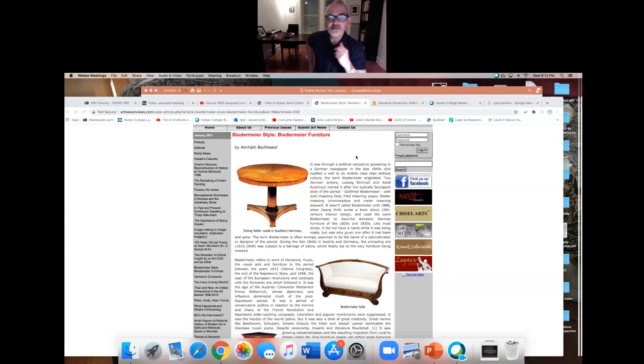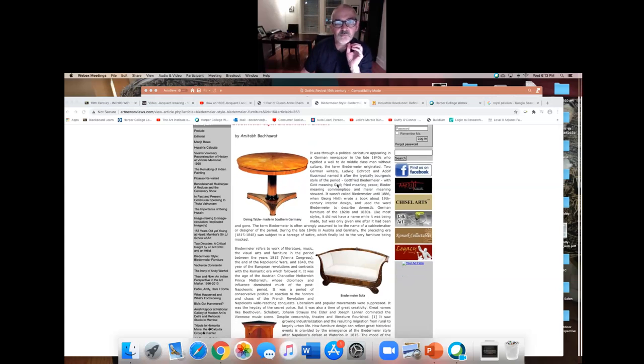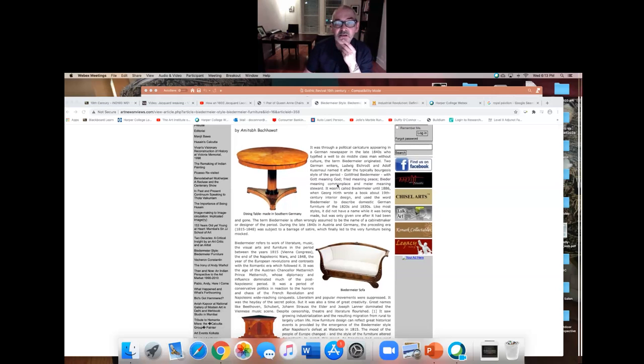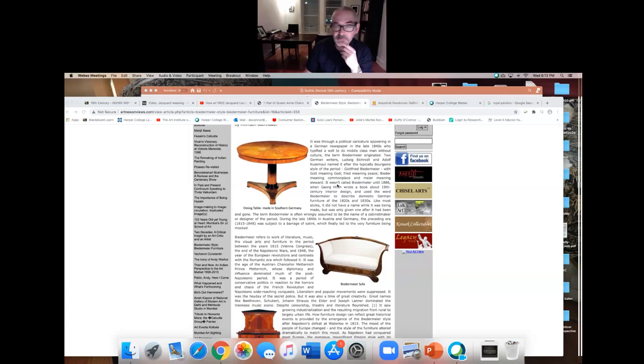So this is a pretty decent, kind of straightforward brief article about what Biedermeier style is. The reason to bring it up is that you'll still encounter it. There was no person called Biedermeier except for a fictional character that appeared in, I think, a newspaper.